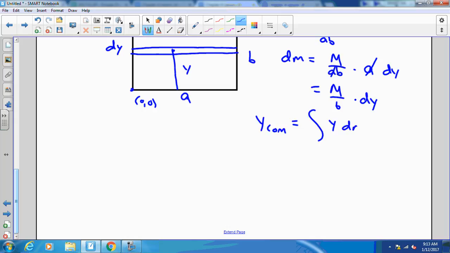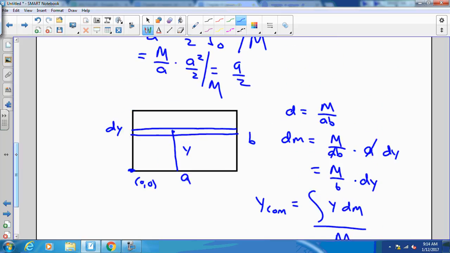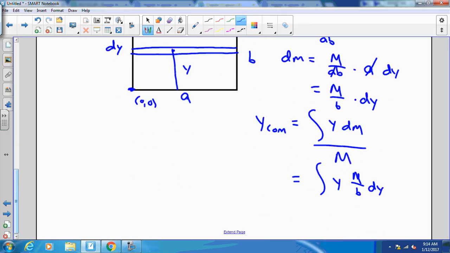So now, the center of mass in the y direction is the integral of y dm over total mass. And now I can go through and replace dm with m over b times dy. My limits of integration are from y equals 0 all the way up to y equals b.